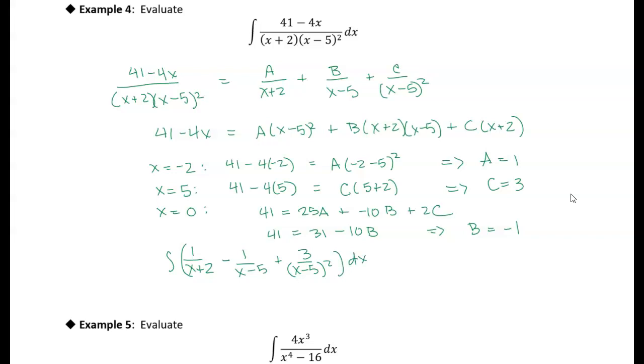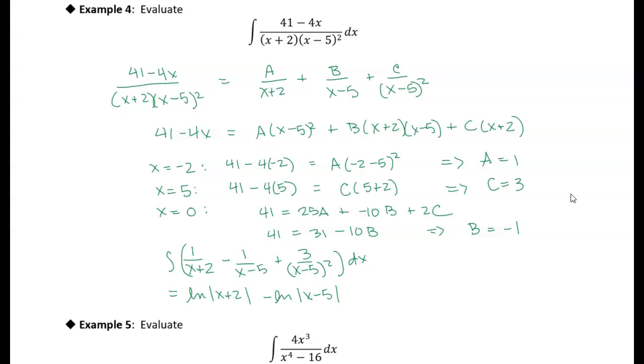The first two terms are easy to integrate. So I'm going to end up with the natural log of x plus 2 minus the natural log of x minus 5. And then I have to integrate this 3 over x minus 5 squared.